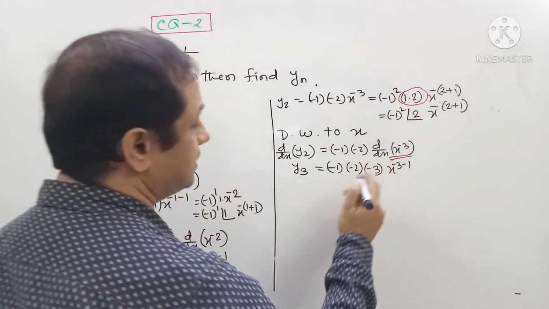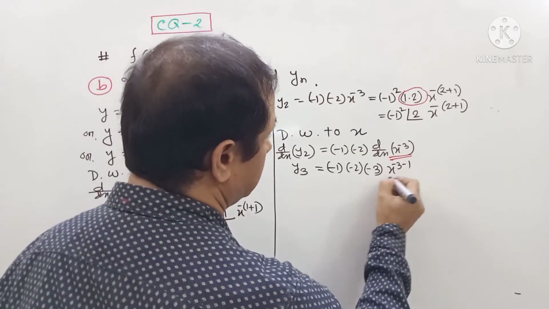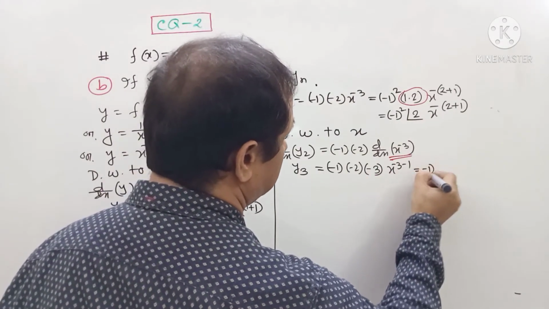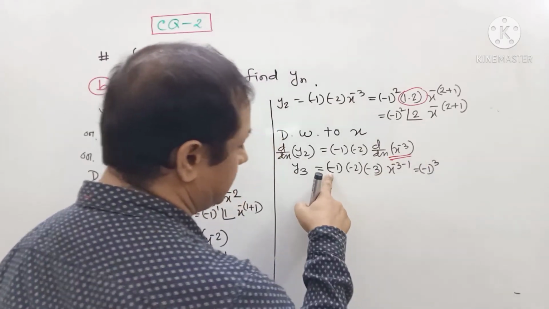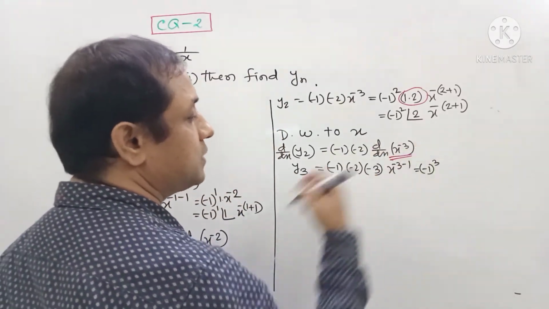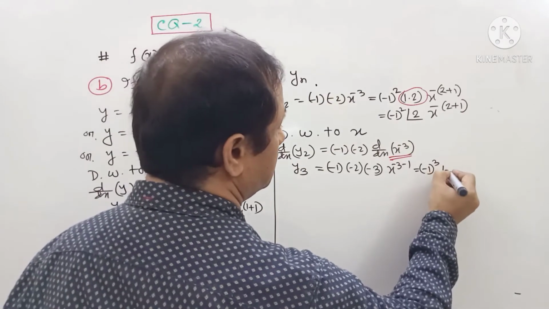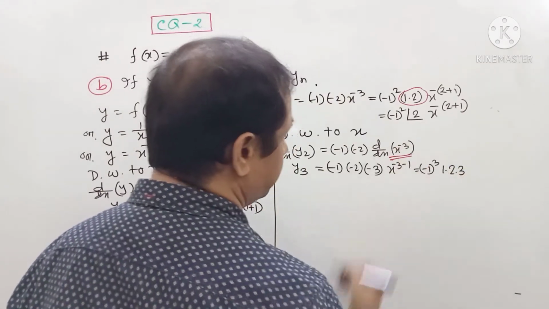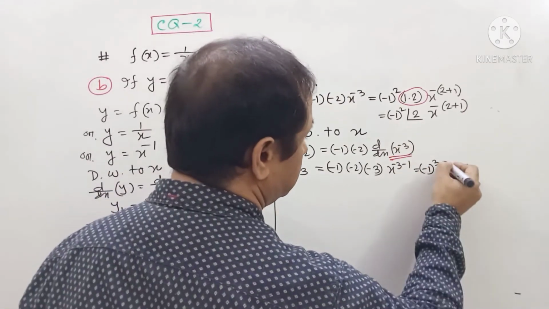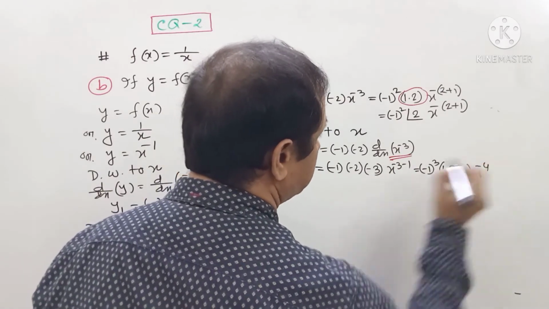Then we can write here minus 1 whole to the power cube, because minus 1 minus 1 minus, so minus 1 whole to the power cube, and 1 2 3. Then x to the power minus 4.